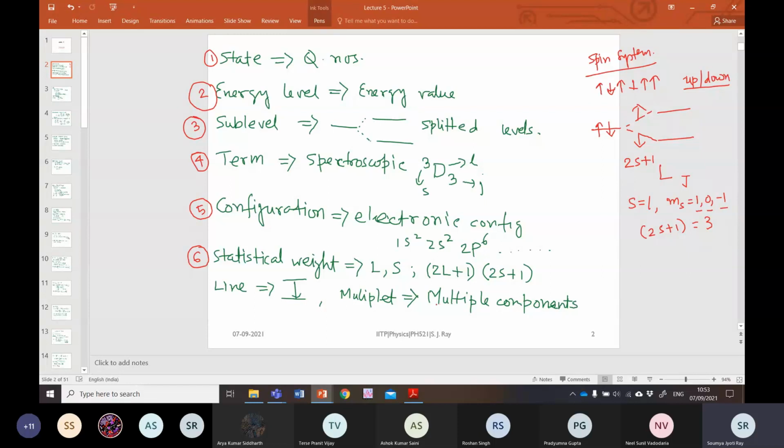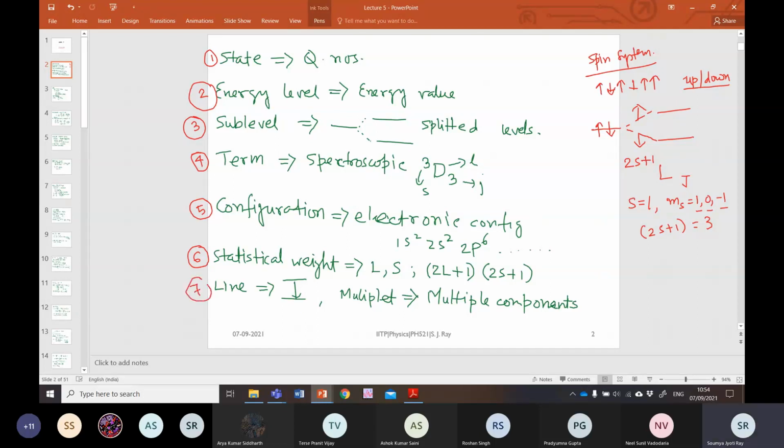So if we are talking about a particular state characterized by one particular value of L and S, then there will be a further (2L+1) times (2S+1) multiplicity inherent in that state. This is what denotes the statistical weight of that level. If the values of L and S are large, the further multiplicity will be quite large, which carries a larger weight, called the statistical weight.